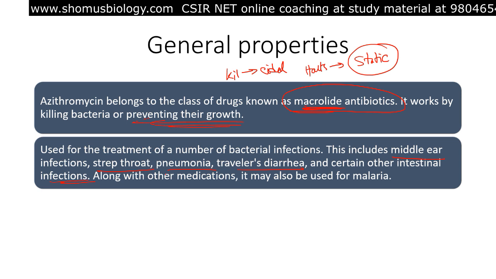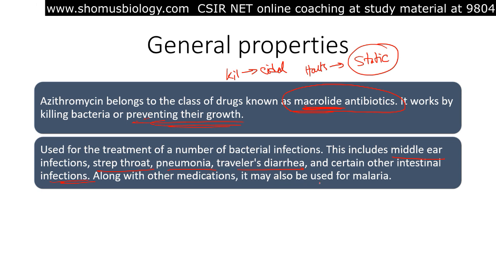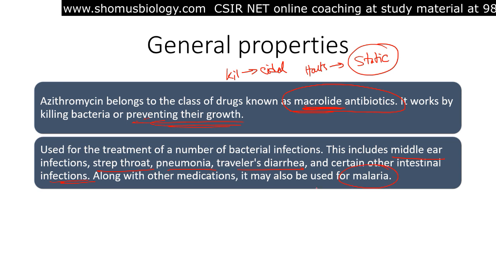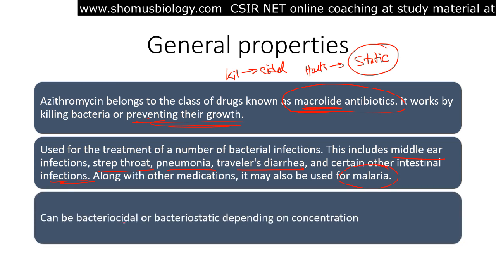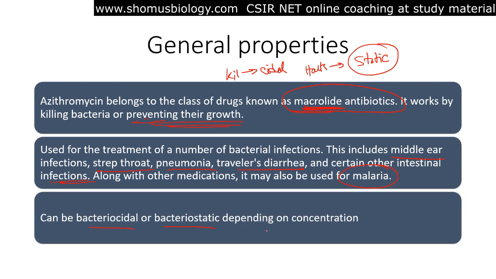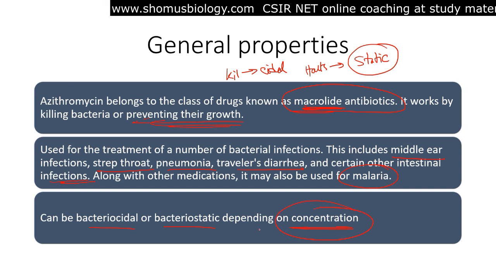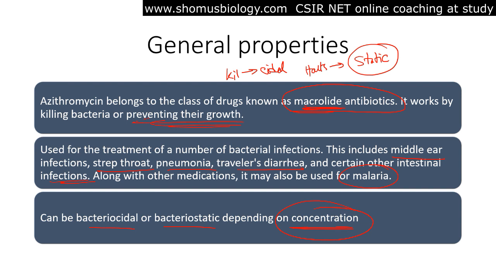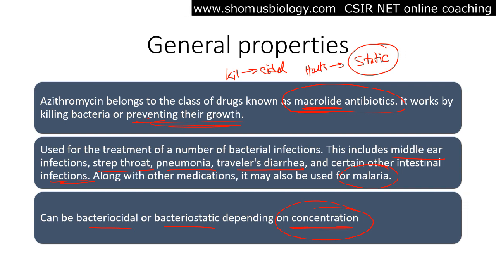Along with other medications, it may also be used in malaria treatment. And it can be bactericidal, as I said, or bacteriostatic, depending upon the concentration of the antibiotic that we're using. At very low concentration, it will be bacteriostatic, which will only prevent the growth of the bacteria, but with higher concentration, it may kill the bacteria as well.